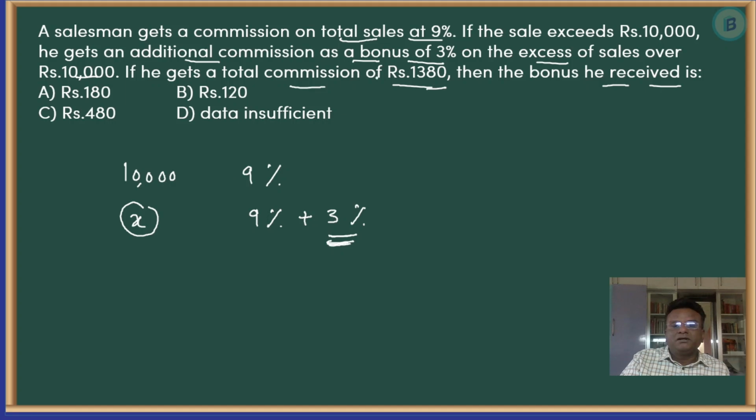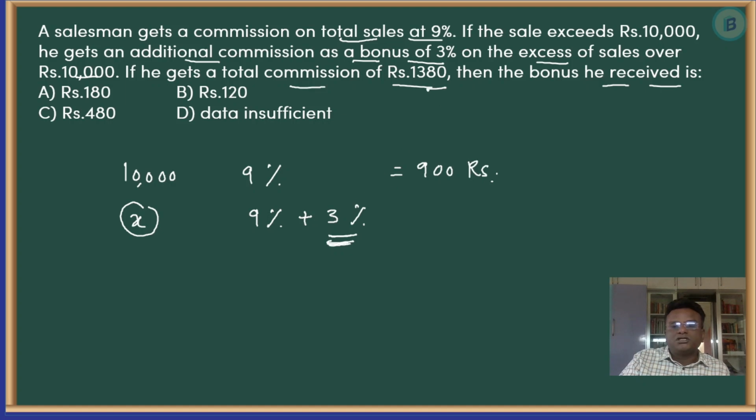What we have been given? We have been given the total commission of 1380. Now understand, up to 10,000 he is getting only 9%. After that he is getting 12%. So up to 10,000 he will get 9% of 10,000, that is 900 rupees as commission.